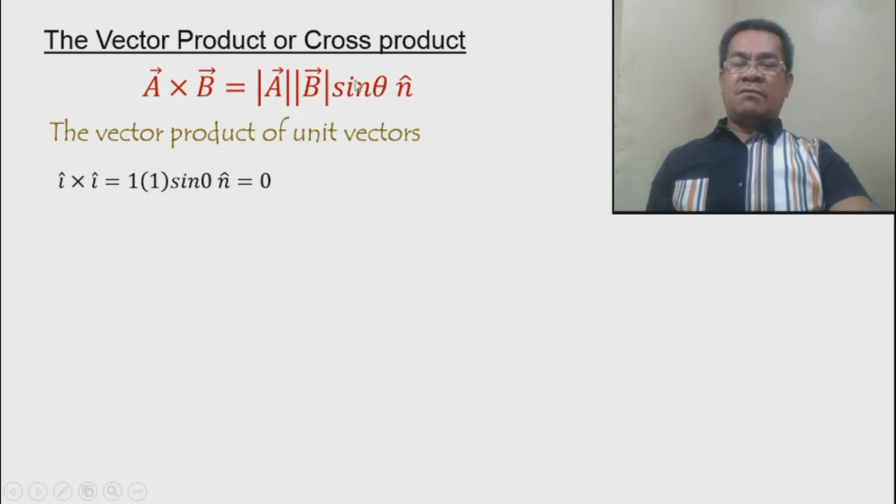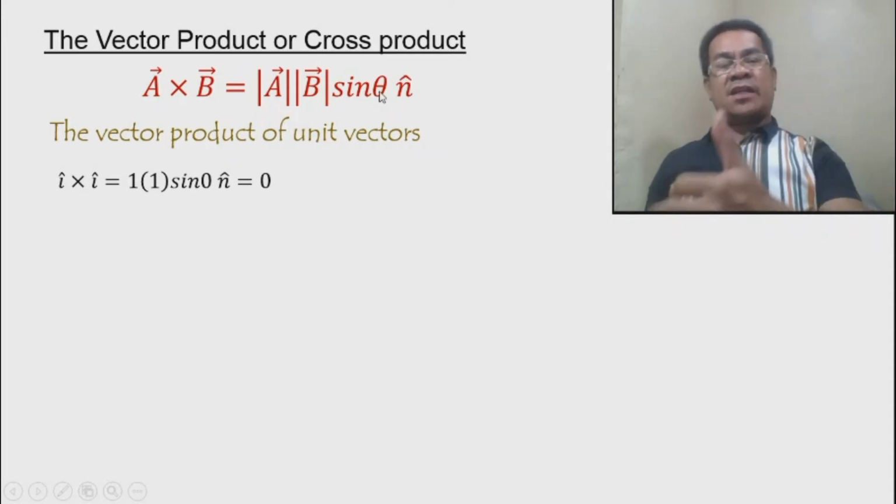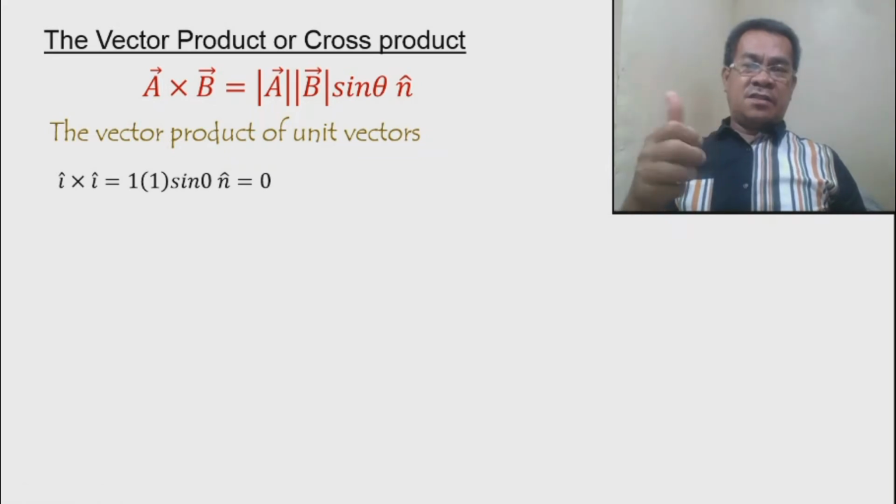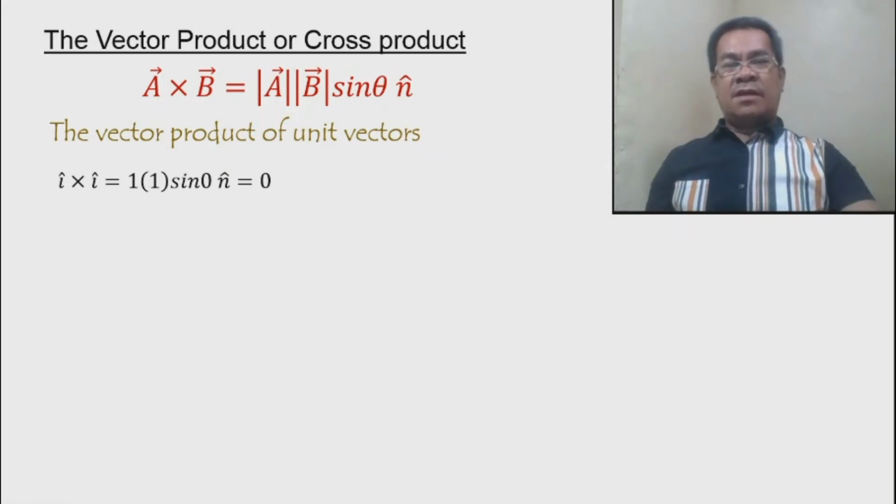So we have the sine of theta. Remember, this theta is the angle from vector A towards vector B. Now, this one is the normal, which follows the right hand rule. So you have to follow the right hand rule for the direction of your normal.